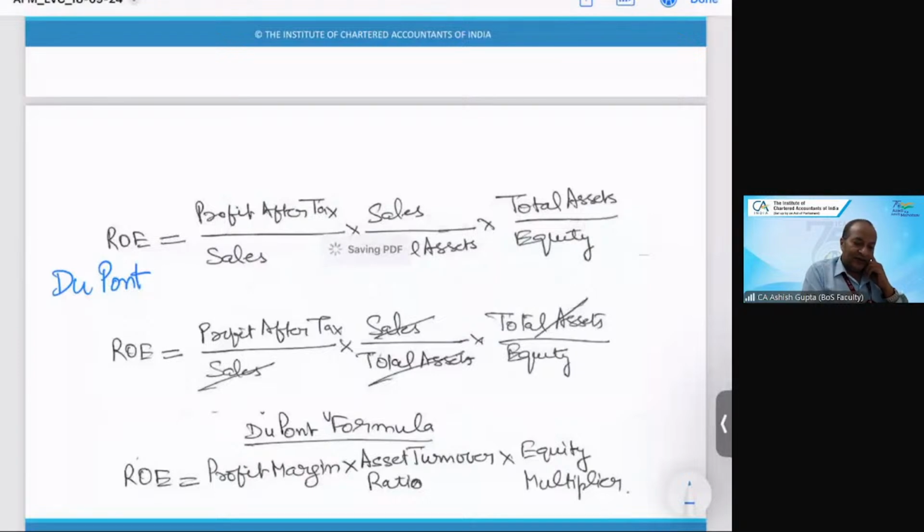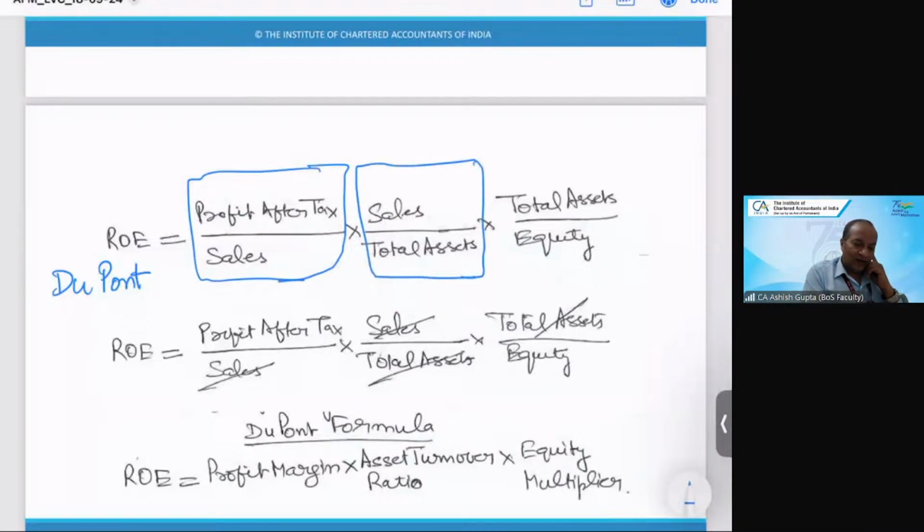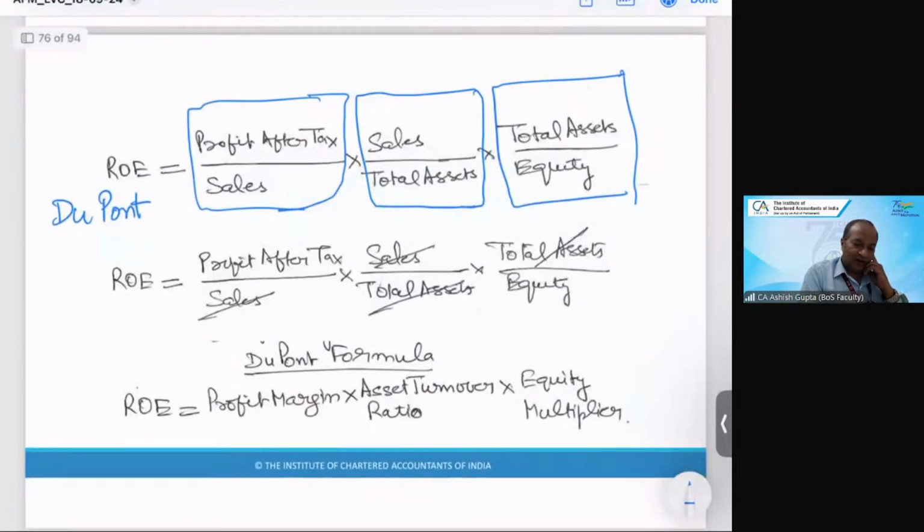Here, this is basically your net profit ratio. This is the sales turnover ratio, and this is the equity multiplier. So it is a kind of equity multiplier.